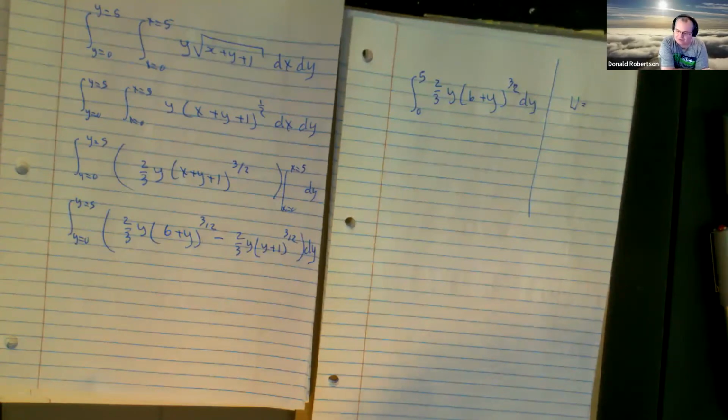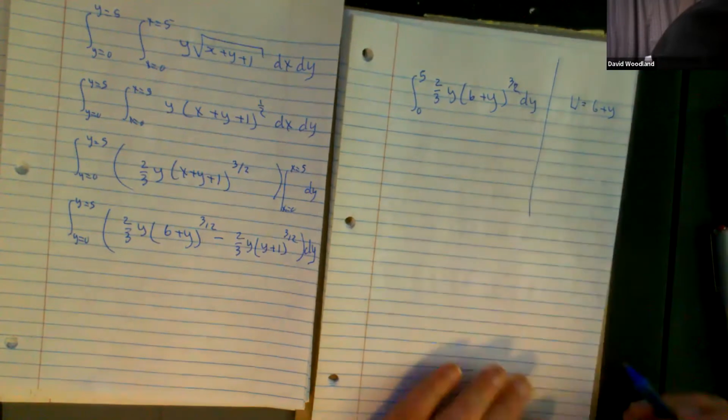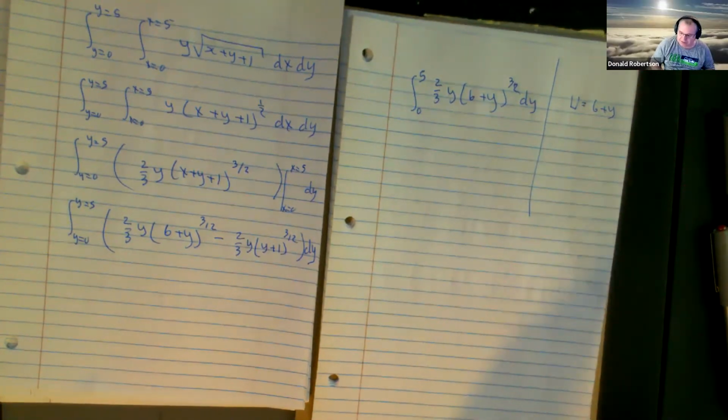You just have to trust the math. There's not an awful lot of candidates for who the u sub should be. Who are we picking? Six plus y. Yeah. Just 6 plus y, nothing more complicated than that.